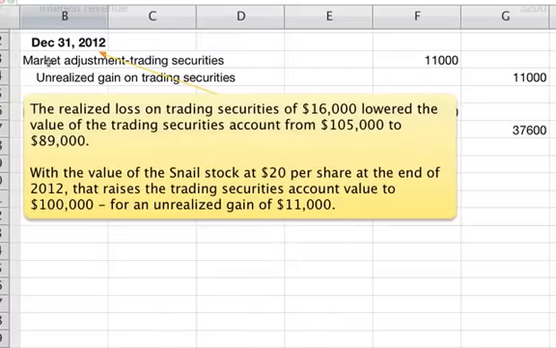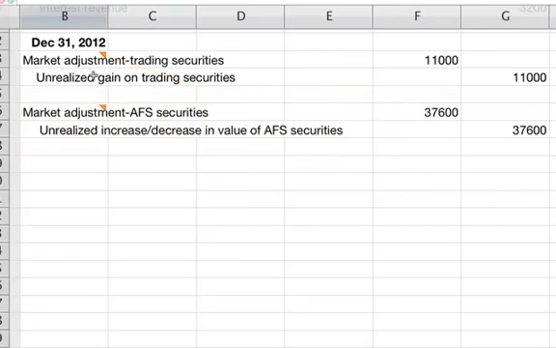The market adjustment trading securities, the realized loss on trading securities of $16,000 lowered the value of the trading securities account from $105,000 to $89,000. And then when the value of the Snail stock is at $20 per share at the end of 2012, that raises the trading securities account value to $100,000. That gives you an unrealized gain of $11,000. That's these entries right here.